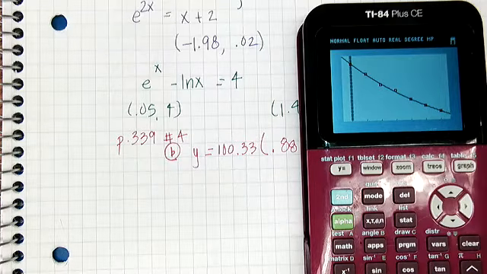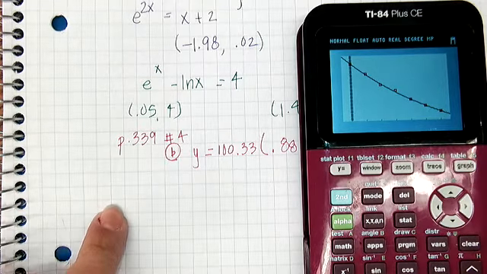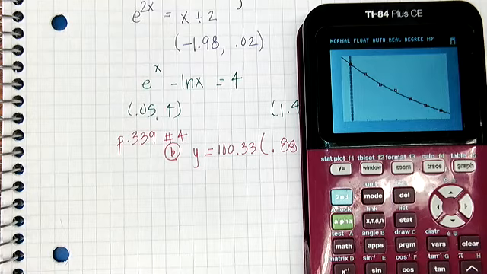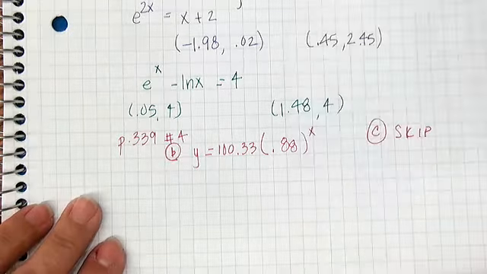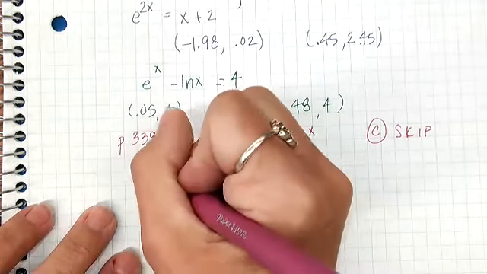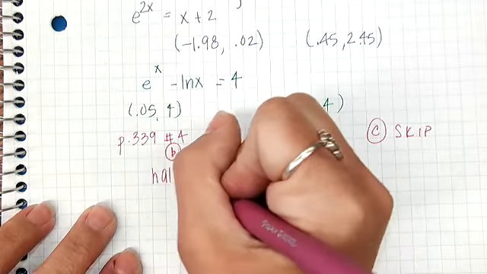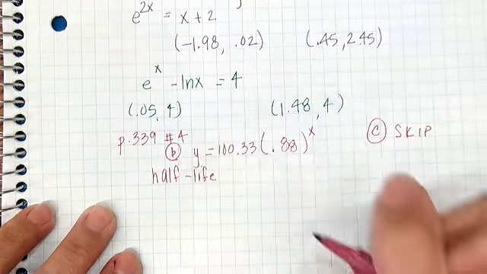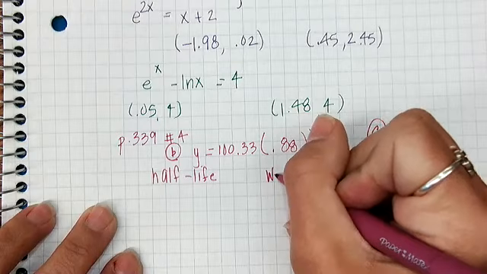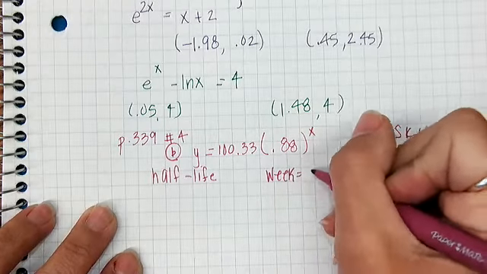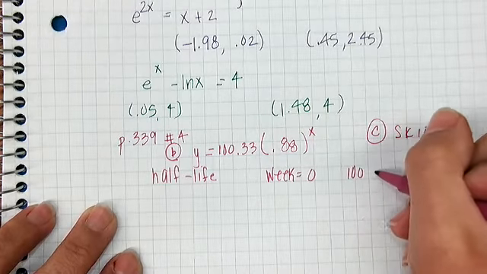So if I want to find the half-life, if you look at the table, at week 0, there were 100 grams.